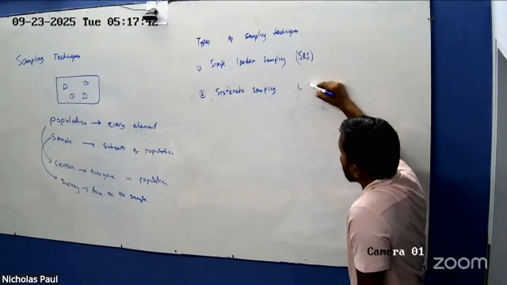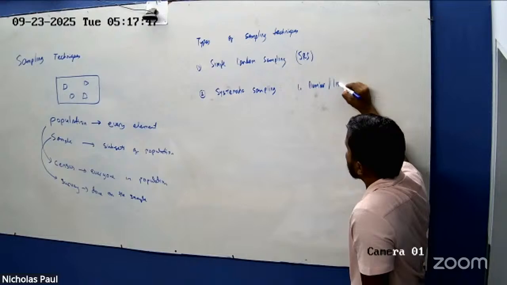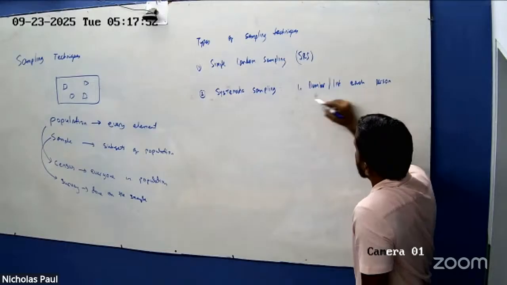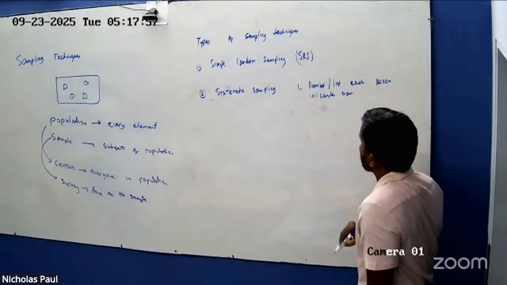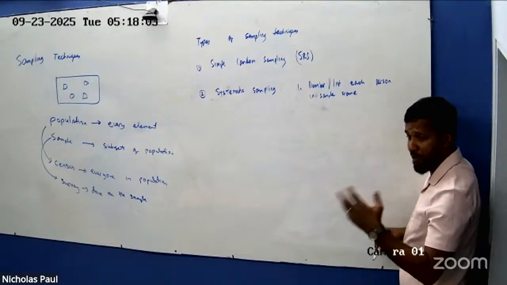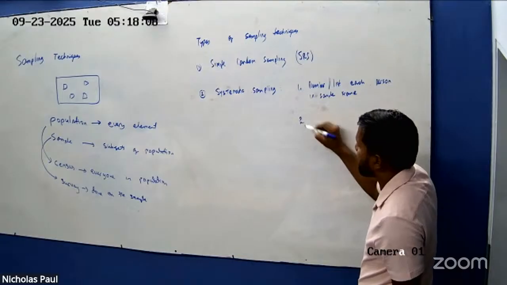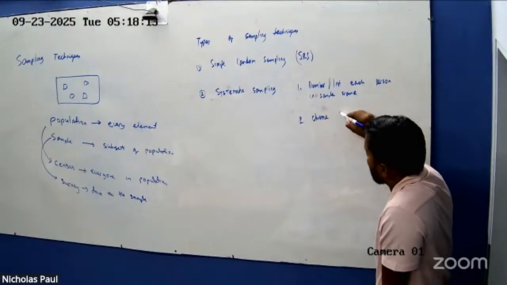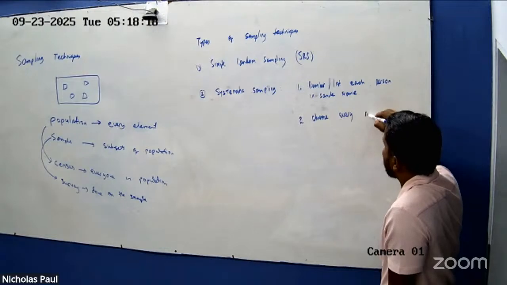So we number, or sometimes we call it listing, each person in a sample frame. You put each person that you want to sample and we give them a number. After we do that, what you want to do is choose every nth person.